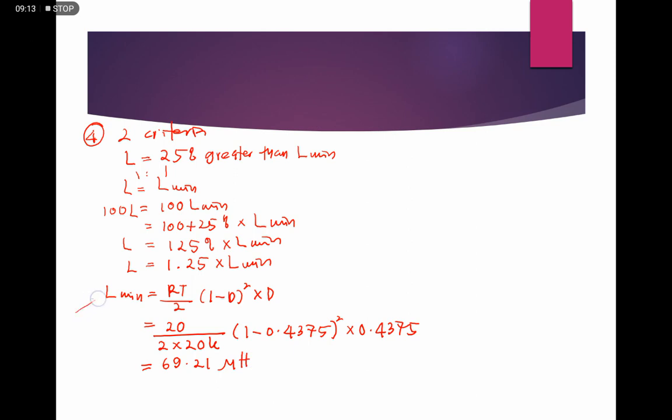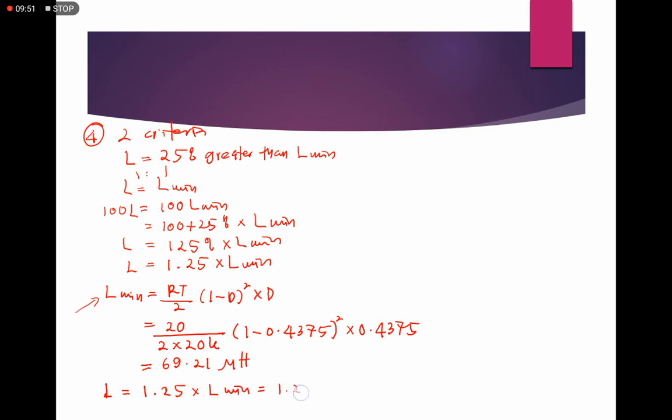If you use the value of your L min to proceed with the next values of IL max and IL min, obviously you will get 0 for your IL min. Once you get 0, it indicates that your converter is operating in boundary condition, which will lead you to DCM. So you need to make sure your L is at least 25% greater than L min, which is 1.25 multiplied by L min.